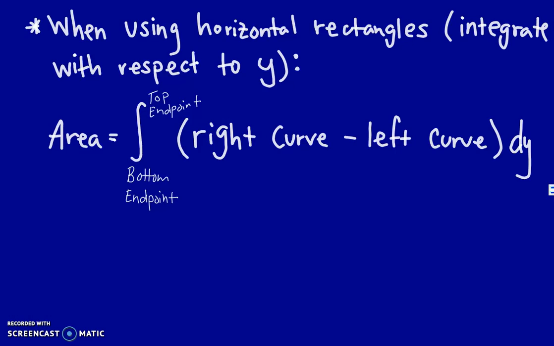So when using horizontal rectangles, in other words, when we integrate with respect to y, just like we're about to do for this problem, the area is the integral with the lower limit being the bottom endpoint, the upper limit being the top endpoint, and it's the right curve minus the left curve, and it is dy.